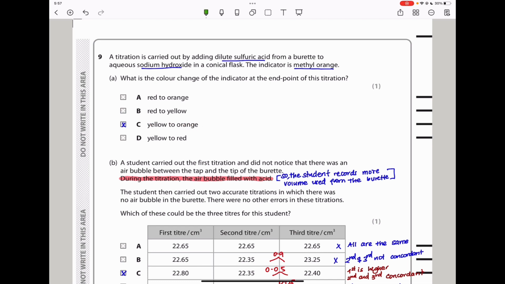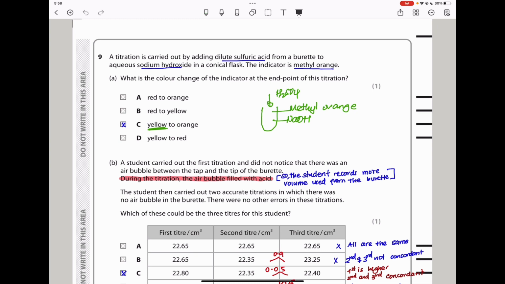Here you are using methyl orange indicator, and the aqueous sodium hydroxide is going to be in the flask. The sulfuric acid, H2SO4, is going to be in the burette. Of course, the indicator will change from yellow to orange towards the end of the titration. So the answer here should be a C.